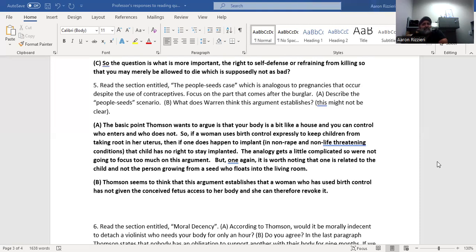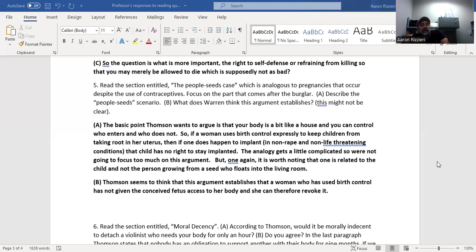So Thompson basically says, look, if you tried to keep the seeds out, and of course the seed is similar by design to a sperm, and you occasionally fail, have you really given the seed permission to inhabit your house or inhabit your body? So that's basically what she's saying.